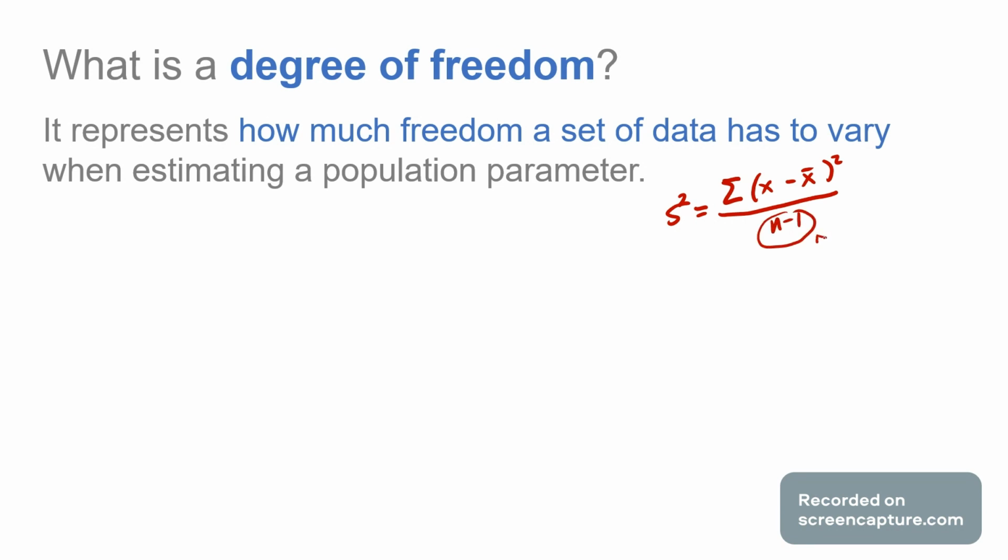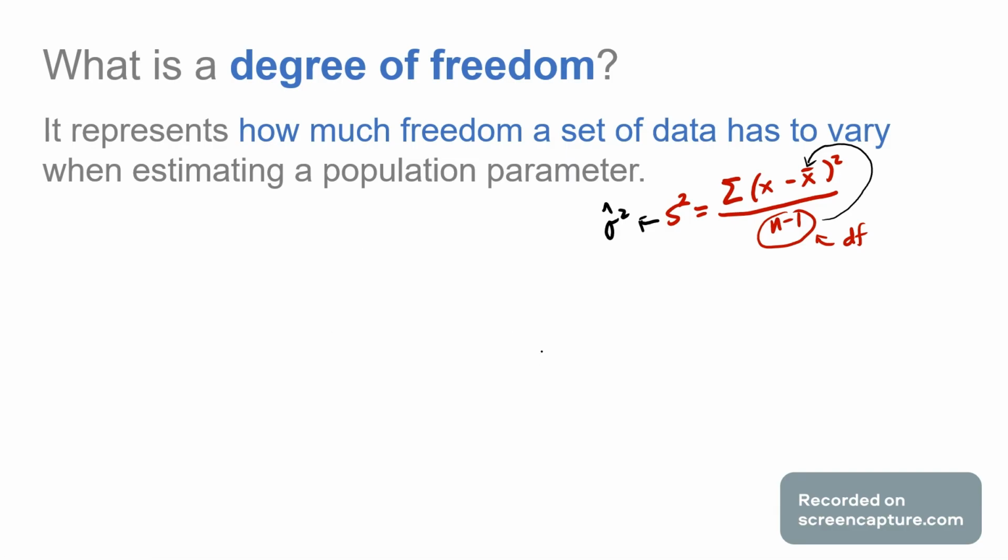Recall that n minus 1 represents the degrees of freedom. And this formula estimates our sigma. And in this formula, we are fixed into having an x bar.